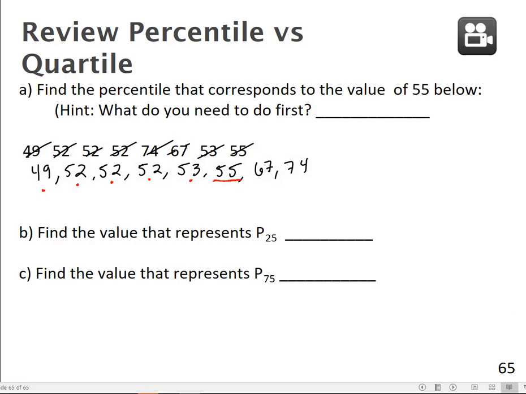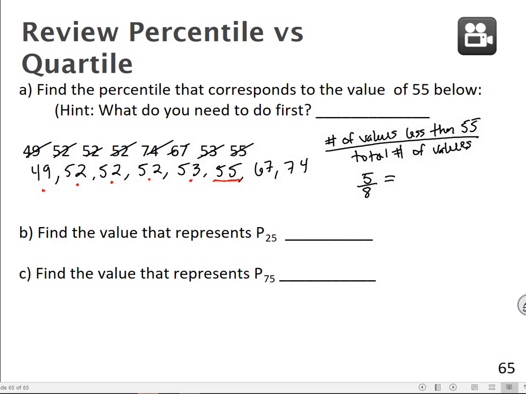To find my percentile, I'm going to find the number of values less than 55, and then divide that by the total number of values. There are 5 of them, and the total number of values was 8, so I have 5 divided by 8.